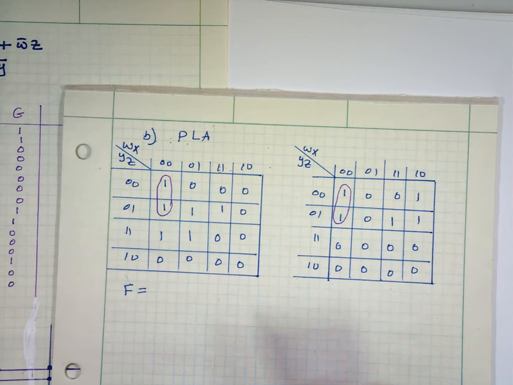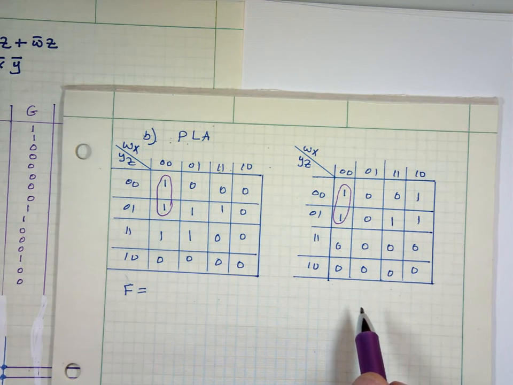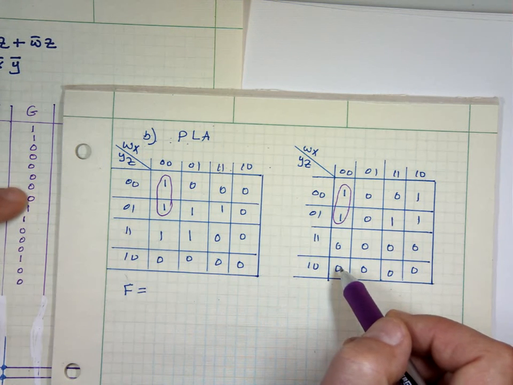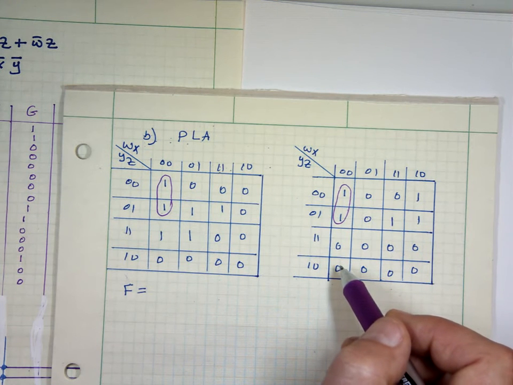Okay. 1100. 4 and 2, 6. Yep. 2, 2 and 4. 2, 3, 4, 5, 6.